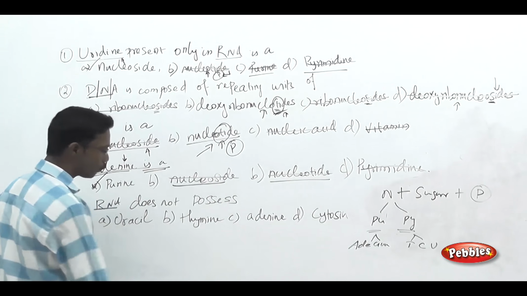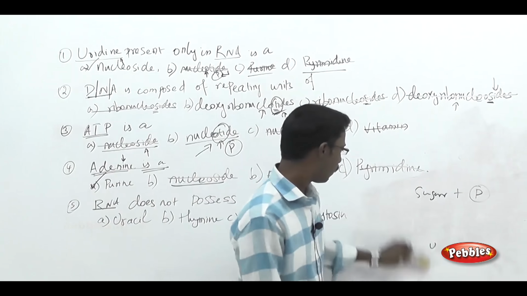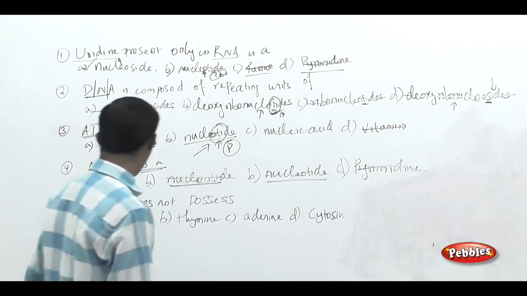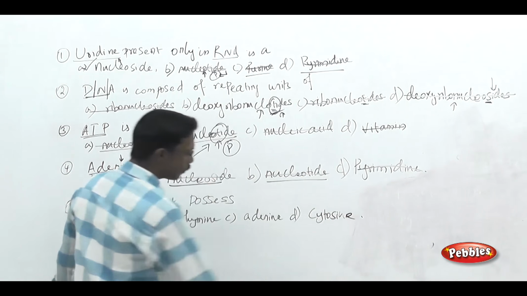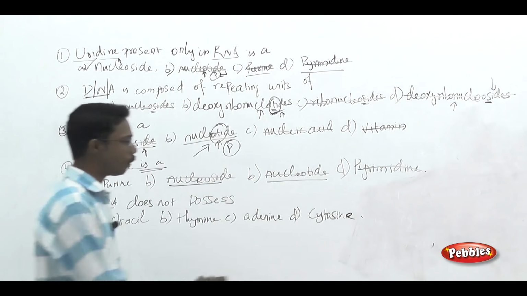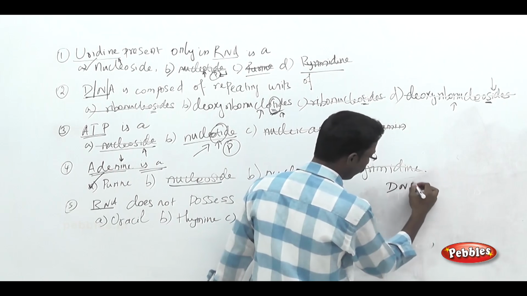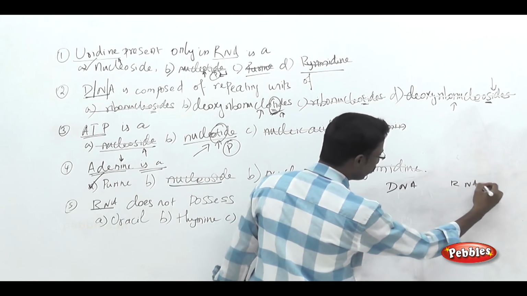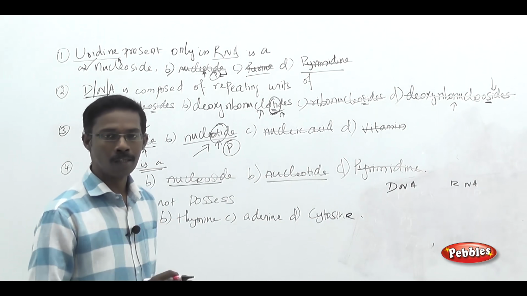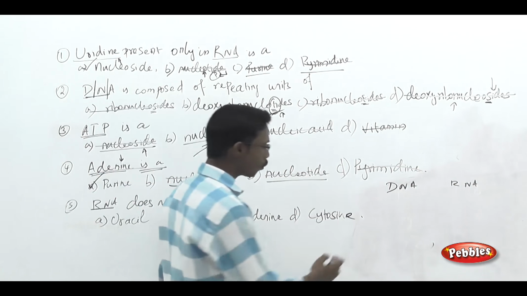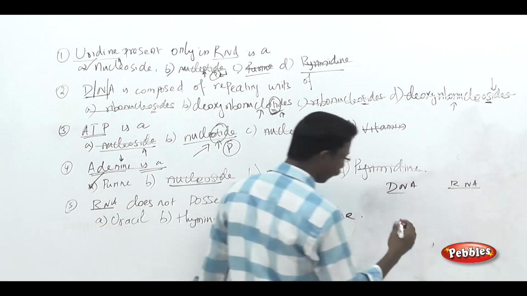RNA does not possess: uracil, thymine, adenine or cytosine. So this is also a straightforward question. Again I will repeat, the major difference between DNA and RNA is the presence or absence of the deoxyribose sugar or the ribose sugar.